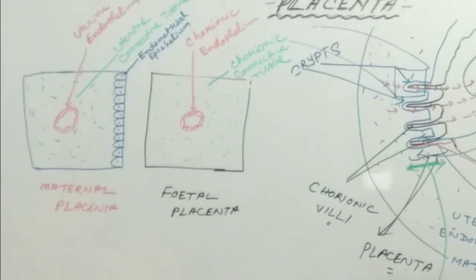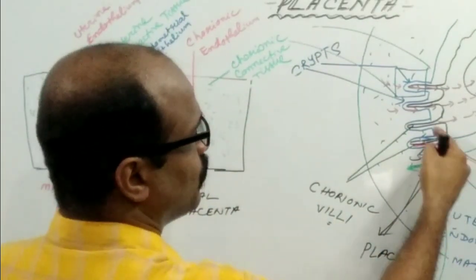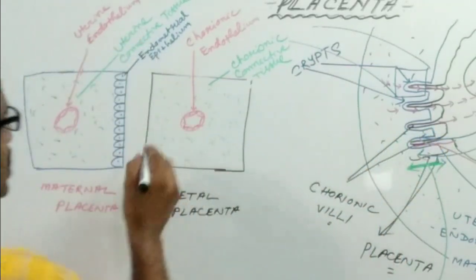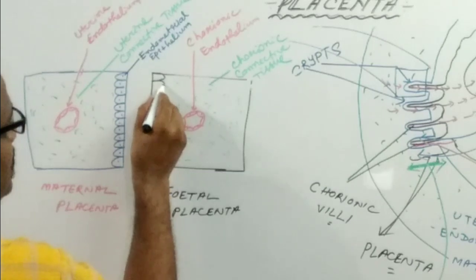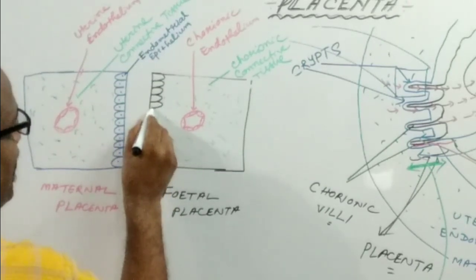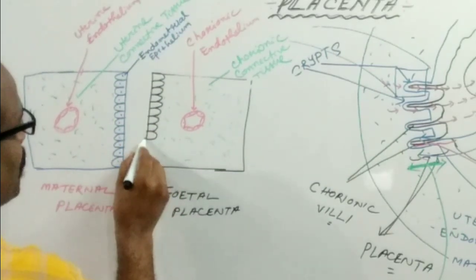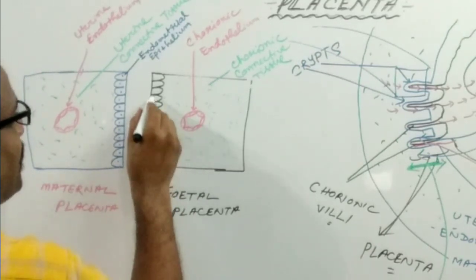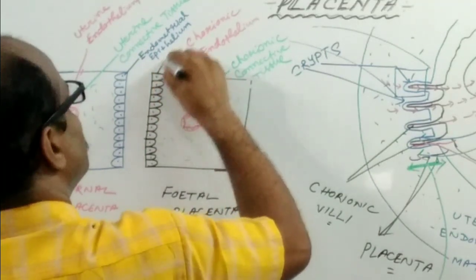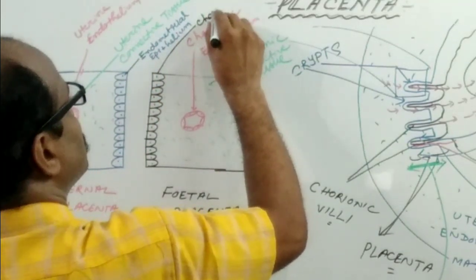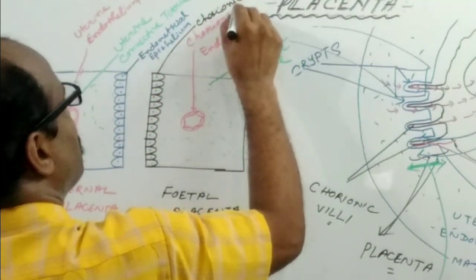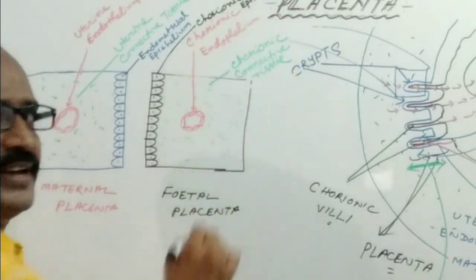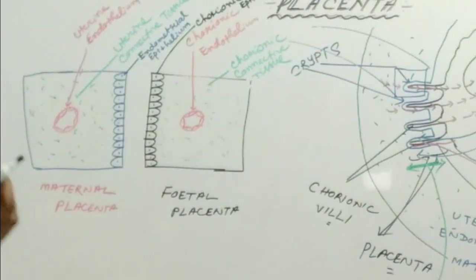And the outer surface of the chorion, suppose that this is the chorion, has an epithelial lining, and this is known as the chorionic epithelium.